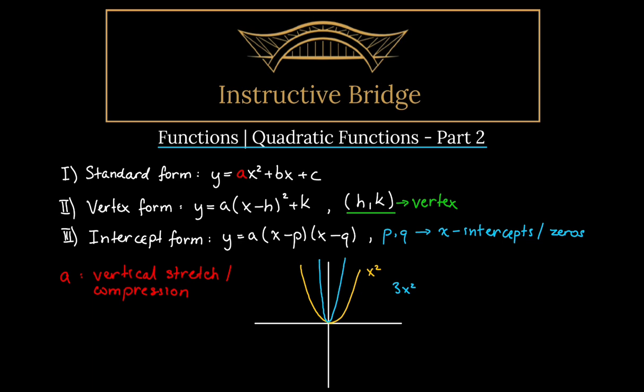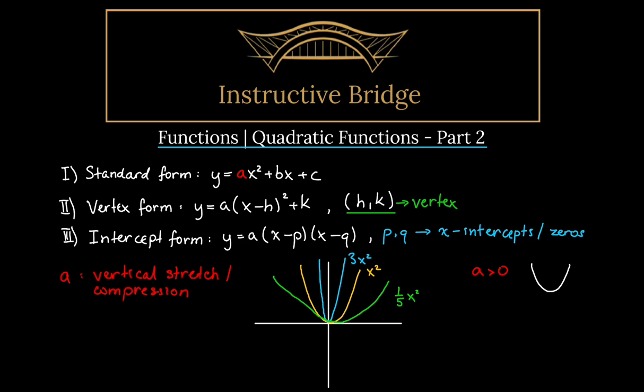However, on the other hand, if you had a smaller value of a, let's say 1 over 5, x squared, then the parabola is going to be wider. Now the a also has another responsibility. If your a is positive, in other words, greater than 0, then our parabola is going to be looking up.